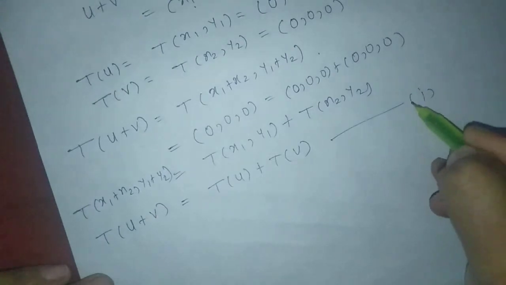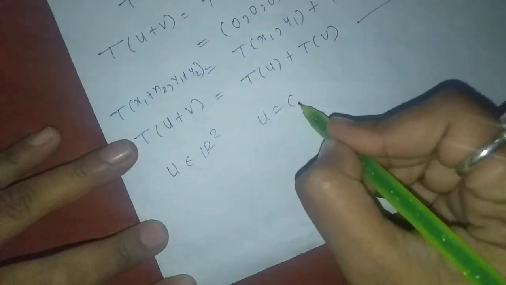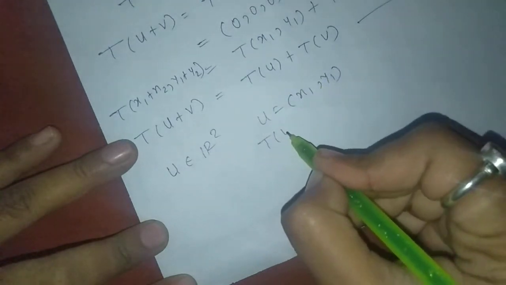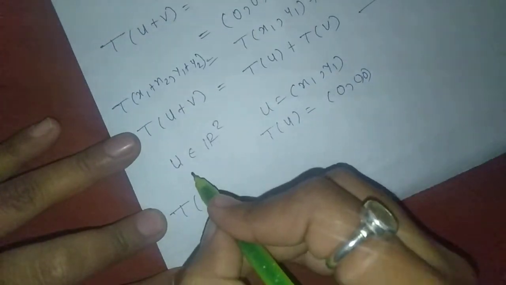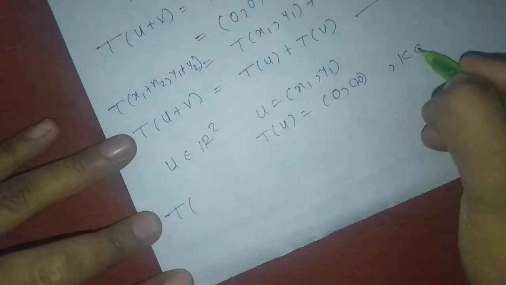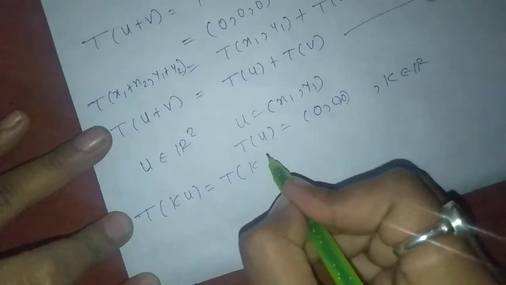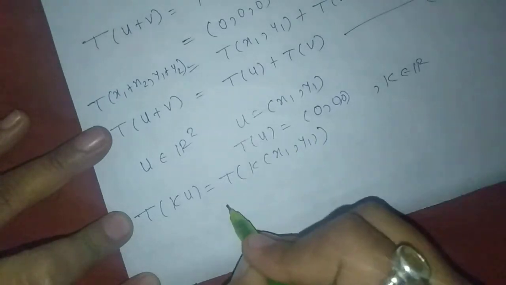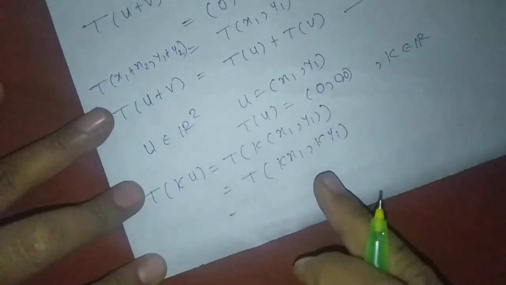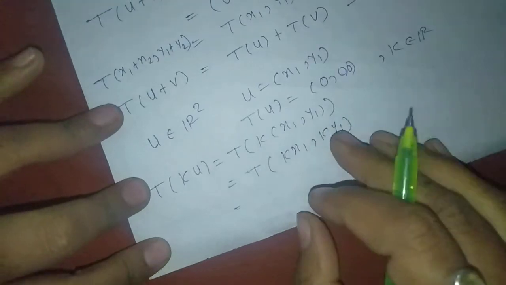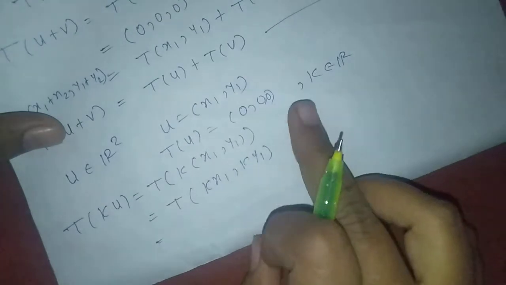First condition is satisfied. Second condition, take U belongs to R2, means U equal to x1 y1. So T of U equal to 0, 0, 0. Also take one scalar k which belongs to R. So T of K into U equal to T of K into x1 y1 equal to T of kx1 ky1. Now kx1 ky1 belongs to R2 because x1 y1 belongs to R2 and k is scalar.